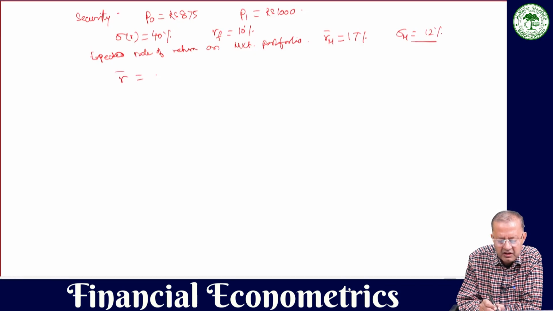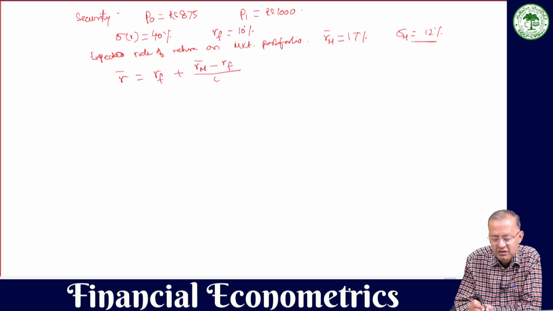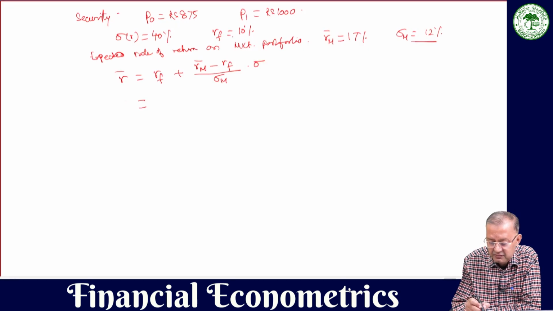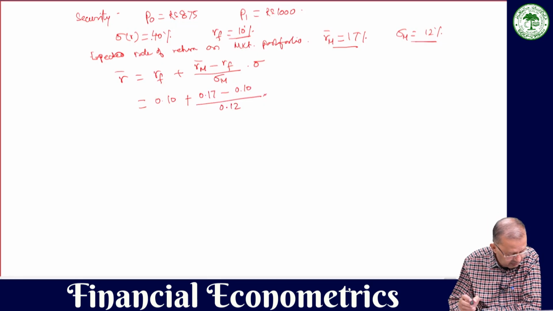The mean rate of return is equal to Rf plus (Rm bar minus Rf) upon sigma m into sigma. What is this Rf? 10%, this is equal to 0.10. Rm bar is 0.17, so 0.17 minus 0.10 upon sigma m 0.12 into sigma r equal to 0.40.